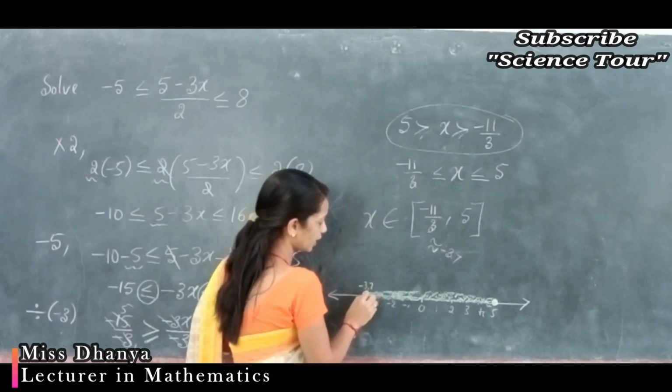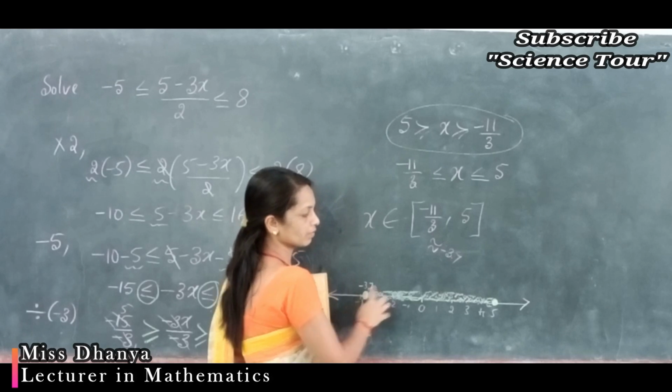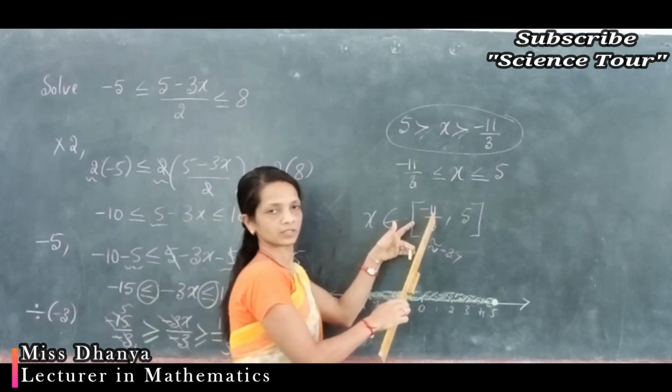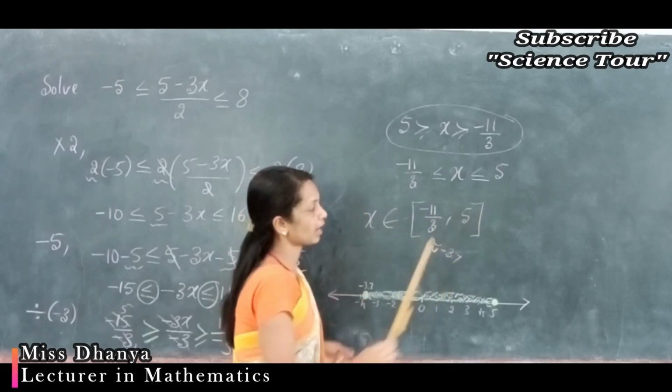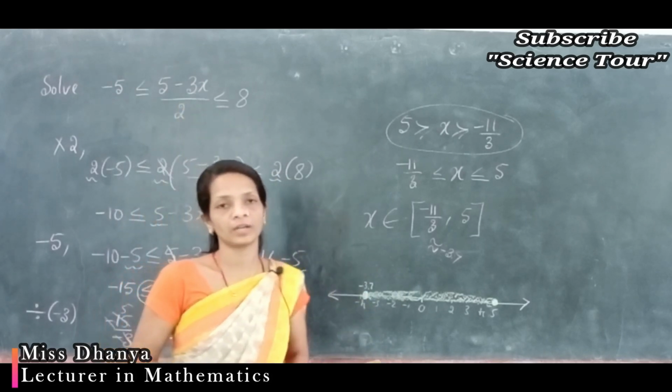So you have to darken the number line between minus 3.7 and 5. All numbers between minus 11 by 3 and 5, including minus 11 by 3 and 5, are solutions of this double inequality. Okay, thank you.